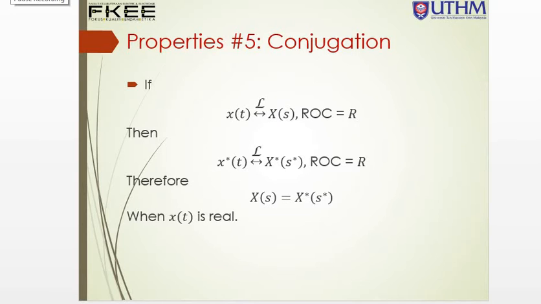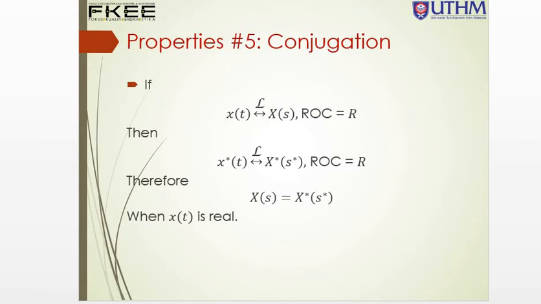You have the conjugate, the star here. So the Laplace transform of x conjugate of t gives X conjugate of s conjugate. In conclusion, X(s) is equal to X conjugate of s conjugate.